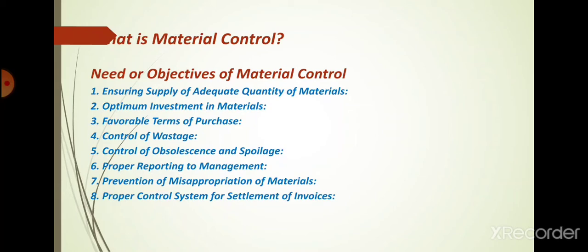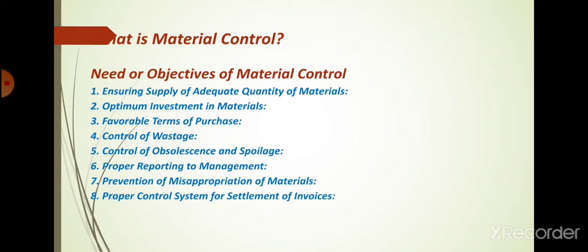As material constitutes such a significant part of the product cost, and since this cost is controllable, proper planning, purchasing, handling and accounting are of great importance. So, what are the objectives of material control, or what is the need for material control?